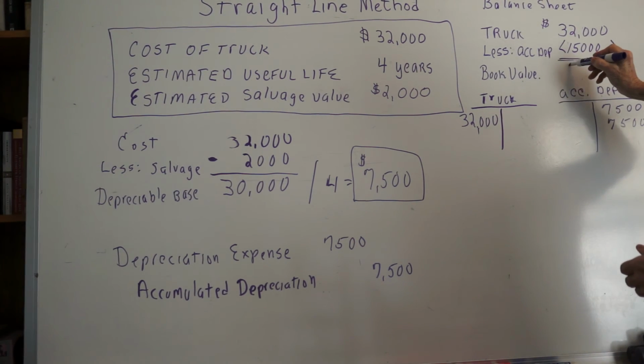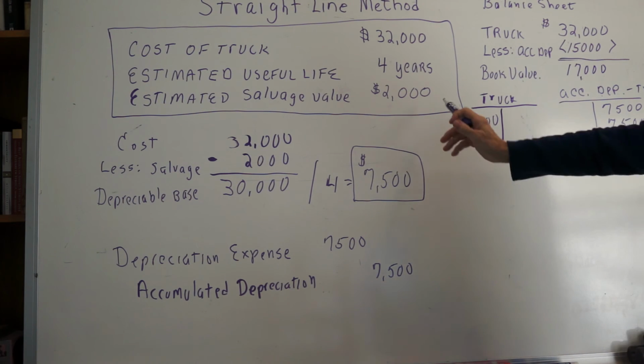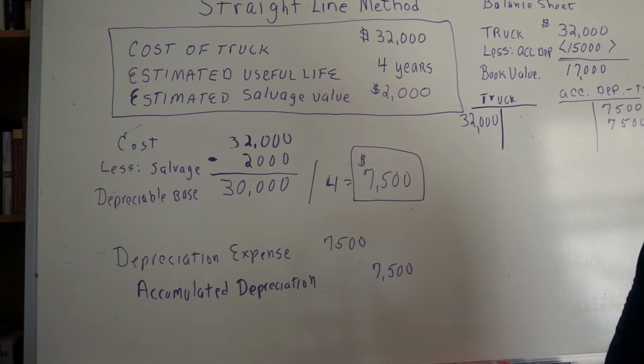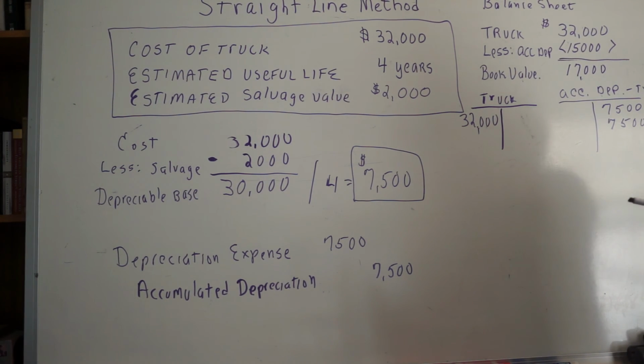So now you have a book value left of $17,000. We're going to depreciate down to the estimated salvage value. So I think on my notes you can see how this would go out through the rest of the years.